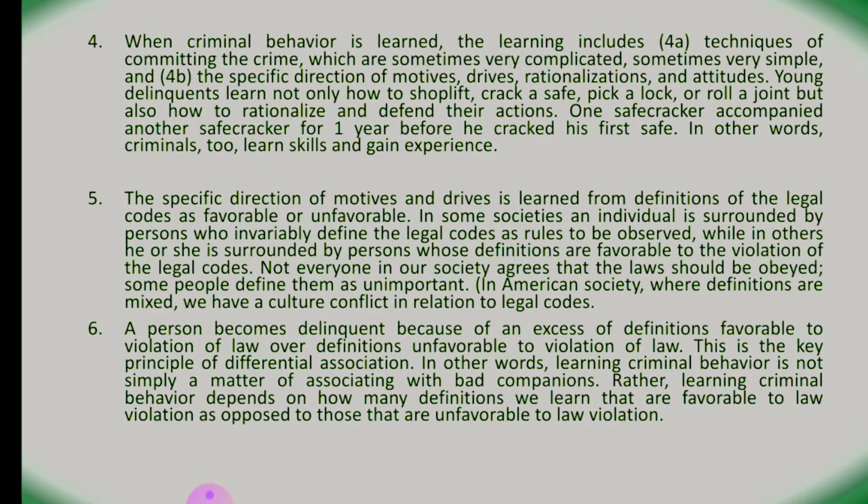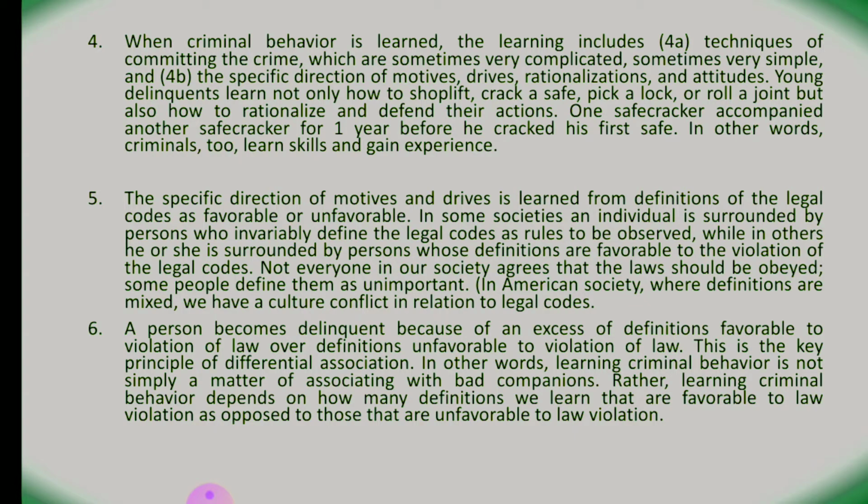Number 5. The specific direction of motives and drives is learned from definitions of the legal codes as favorable or unfavorable. In some societies, an individual is surrounded by persons who invariably define the legal codes as rules to be observed, while in others, he or she is surrounded by persons whose definitions are favorable to the violation of the legal codes.